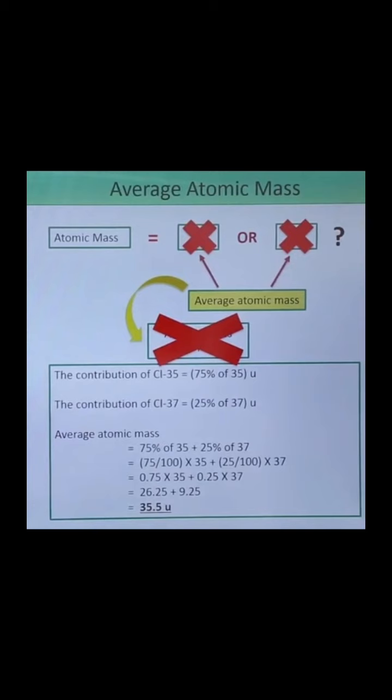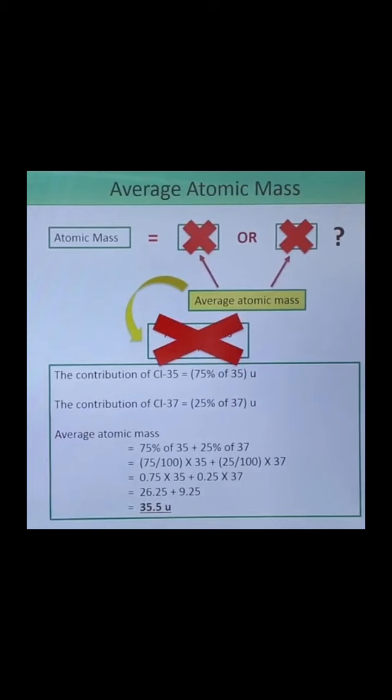Here the contribution of chlorine 35 is 75% of 35 U. And you know what U is? Yes, it is unified mass. The contribution of chlorine 37 is 25% of 37 U. We are just going to add these two contributions.